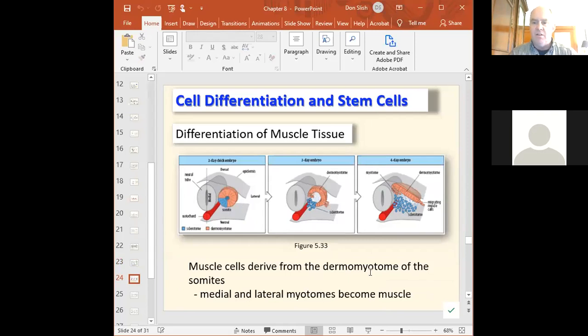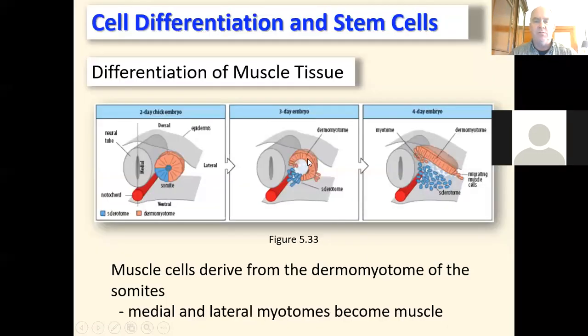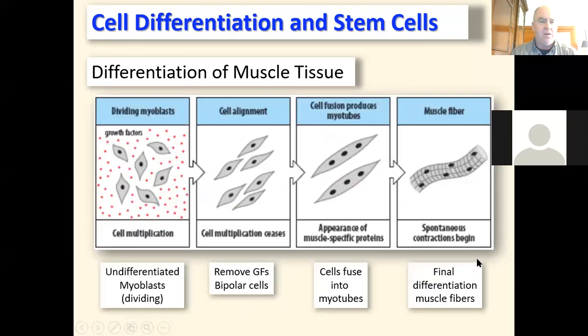And then after, you get exposed to Wnt and Sonic Hedgehog and BMP4. This then differentiates into dermatome, this medial myotome and lateral myotome. So the myotomes here are then going to become myoblasts.